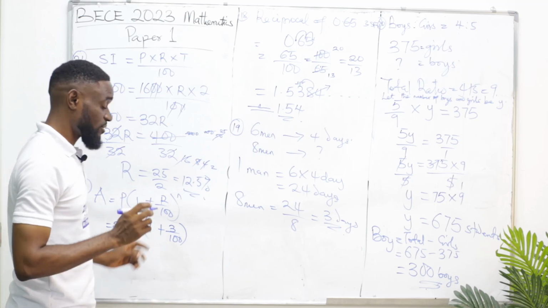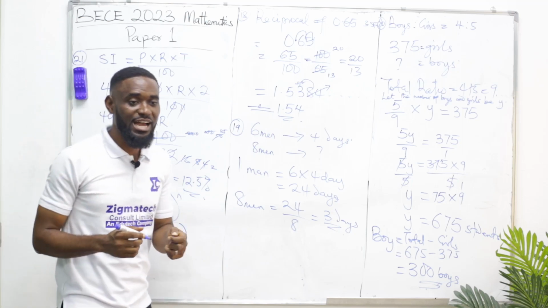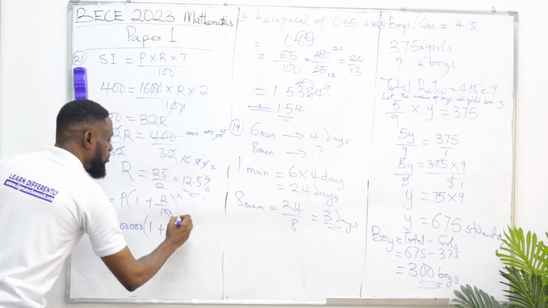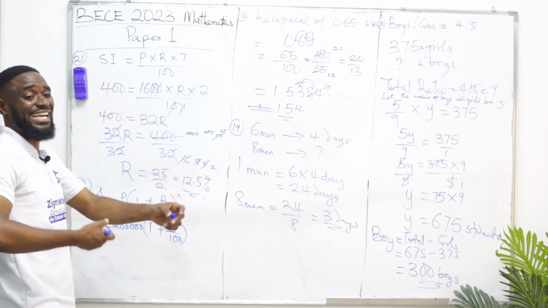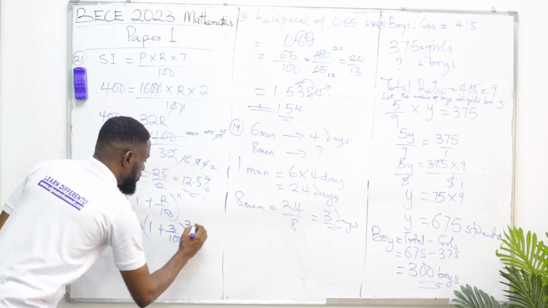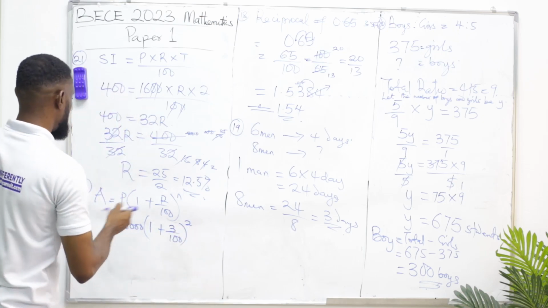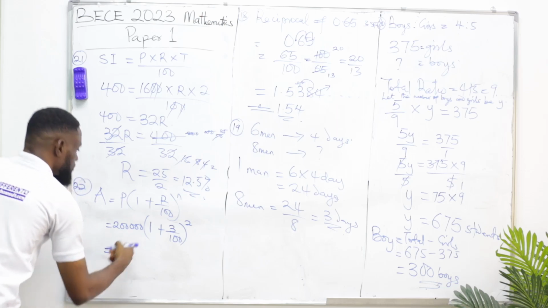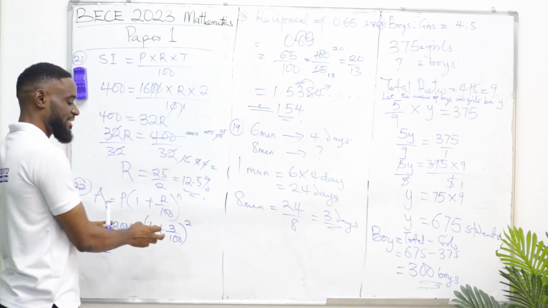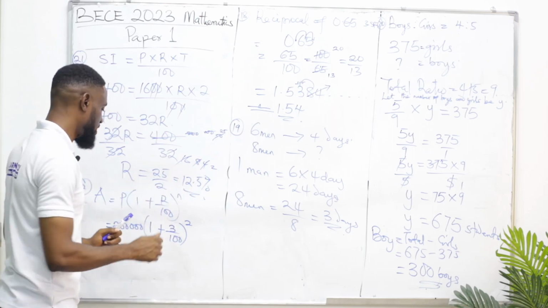Right? Are you with me now? Then they are asking how much does he pay after 2 years. So the number of years for this particular money that was borrowed is 2 years time. So raised to power 2. Is that okay now? So everything in this bracket must be solved first, okay?